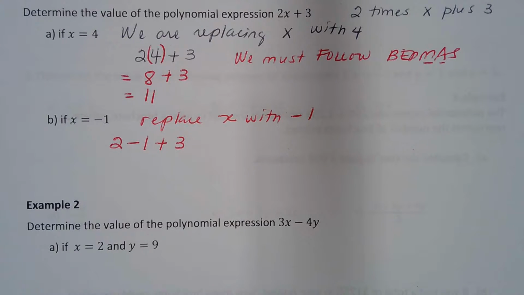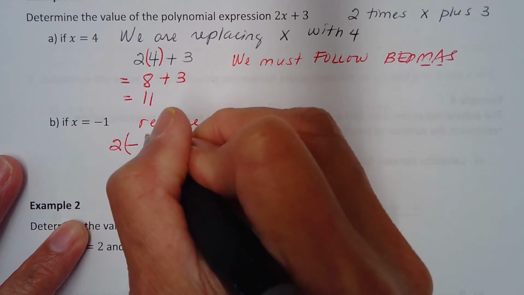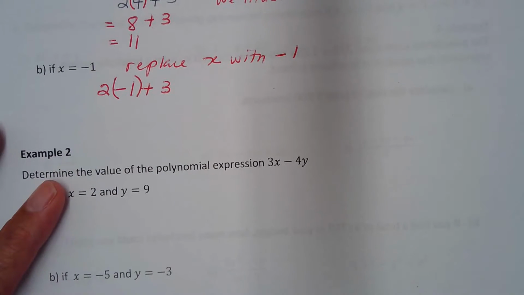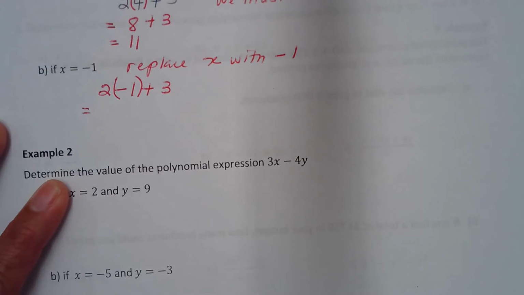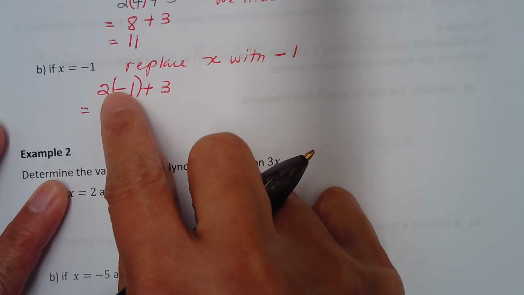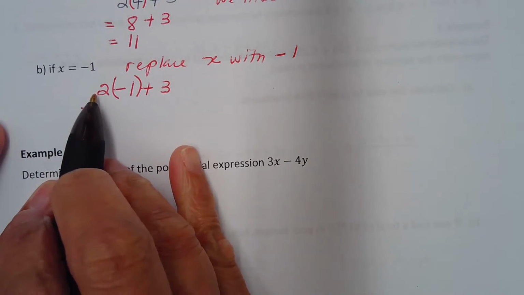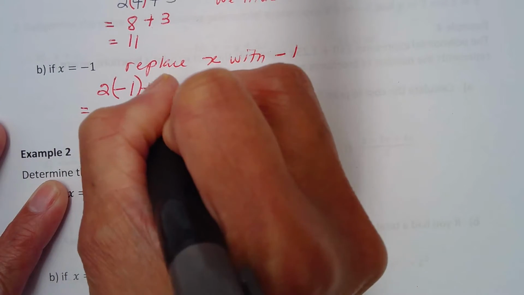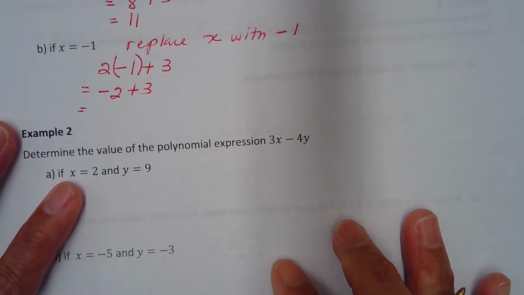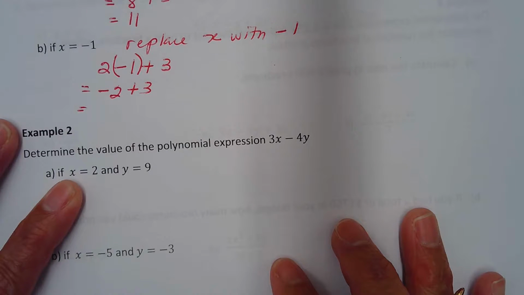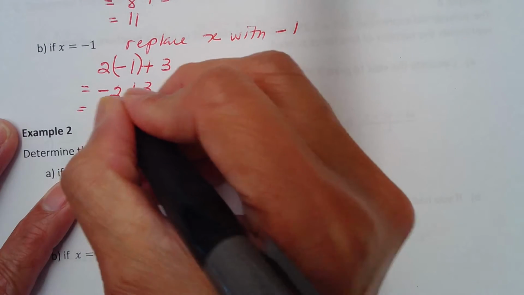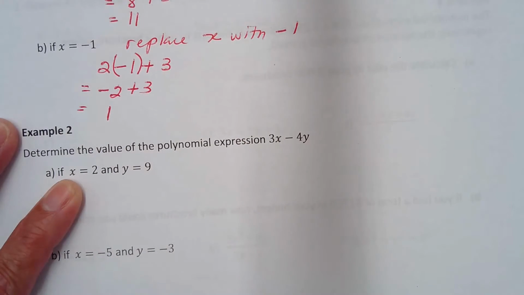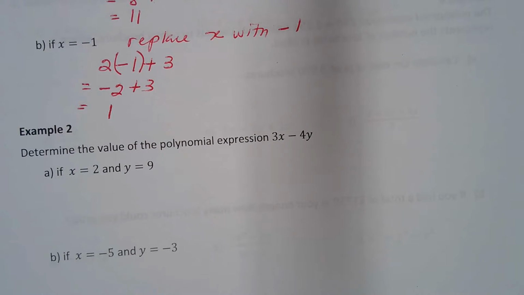Bracket. Remember, you put brackets. It will be 2 times x. So 2 times negative 1. I gotta put the brackets in. Okay, so what do we do next? Orders of operation, multiply first and then add. So 2 times negative 1 is negative 2. Negative 2 plus 3. Negative 2 plus 3 is positive 1. Very good. So, what does that mean?